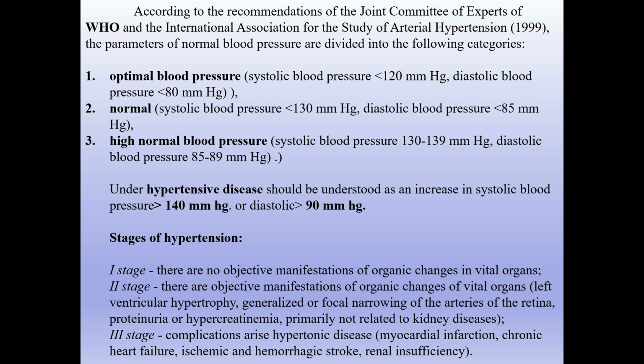According to the recommendations of the Joint Committee of Experts of the World Health Organization and the International Society of Hypertension in 1999, the parameters of blood pressure are divided into the following categories: optimal blood pressure, systolic less than 120, diastolic less than 80; normal, systolic less than 130, diastolic less than 85; and high normal blood pressure, systolic 130 to 139, diastolic 85 to 89.